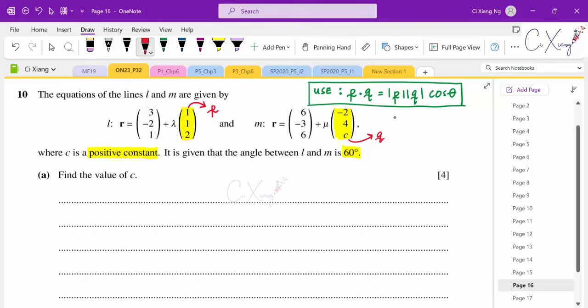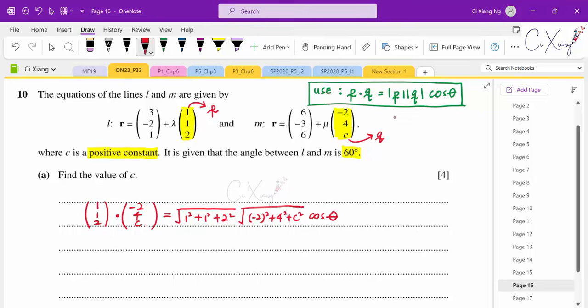So let's start. P dot Q means you're having (1, 1, 2) dot (-2, 4, c), and it is equal to the modulus. How to get the modulus for vector P? You're having 1 squared plus 1 squared plus 2 squared. How about the modulus for vector Q? It will be (-2) squared plus 4 squared plus c squared. Then cos theta.